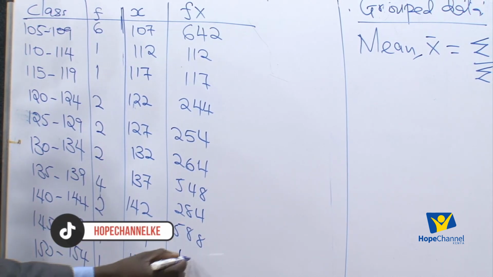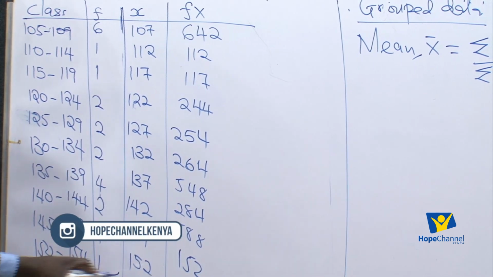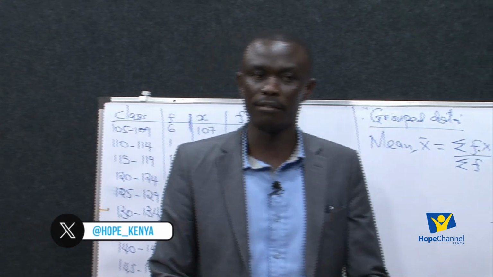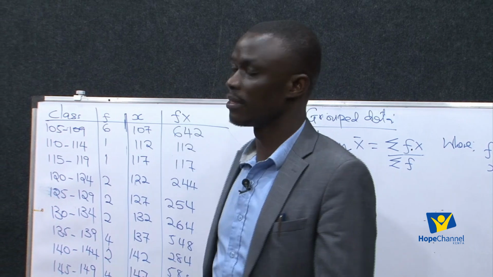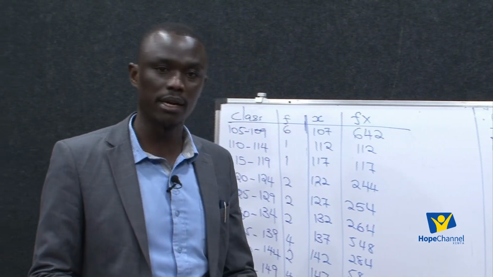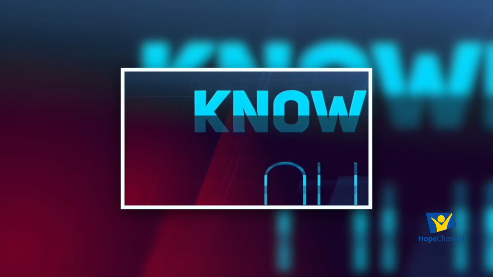Then this is 152. So what I want you to do is to find the totals on both sides. You will have the sum of f, and we will also have the sum of fx. So we can do that as we take a short break.